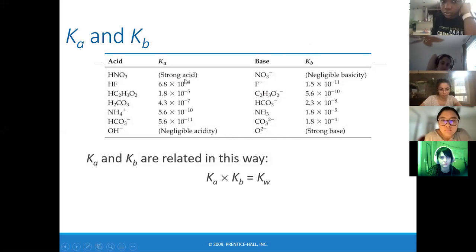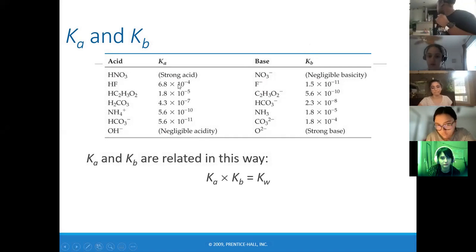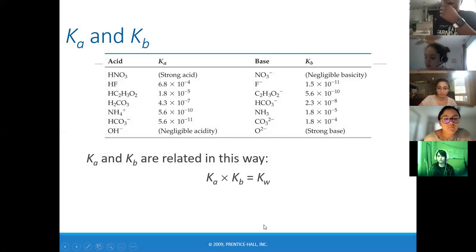I have the Ka of the solution. I know that Ka times Kb is equal to Kw. So if I have HF and its Ka is 6.8 times 10 to the minus 4th, I take my Kw, 1 times 10 to the minus 14th, divided by my Ka. That's how this number got generated.